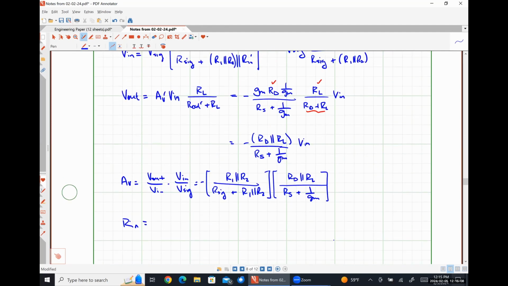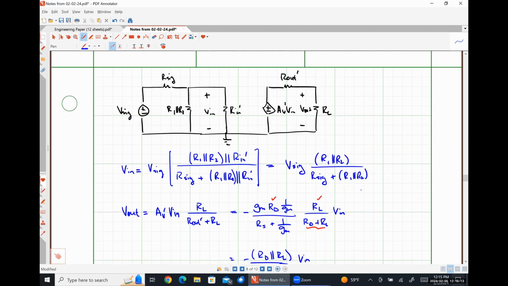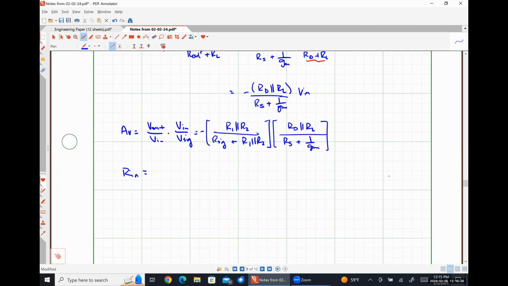What should my input resistance be for the new thing? So Rsig plus R1 parallel with R2. What should my output resistance for the system be? Anybody have any thoughts?